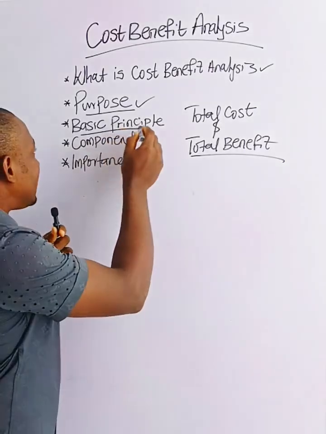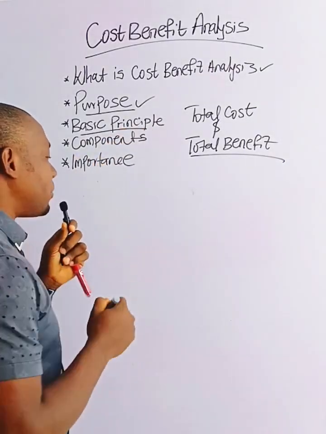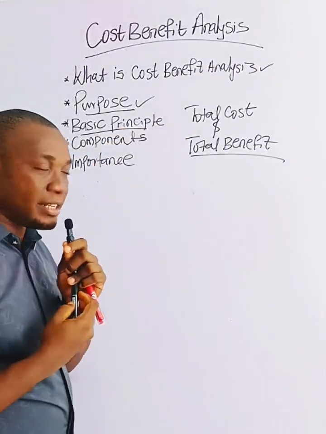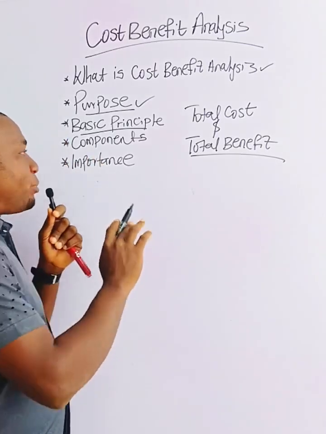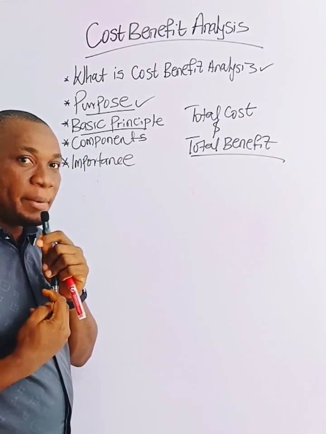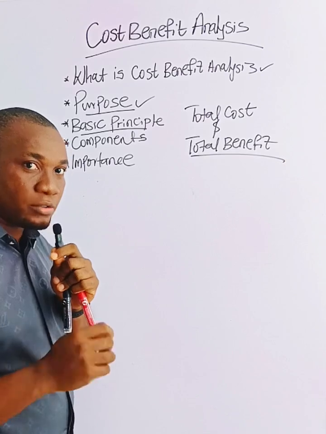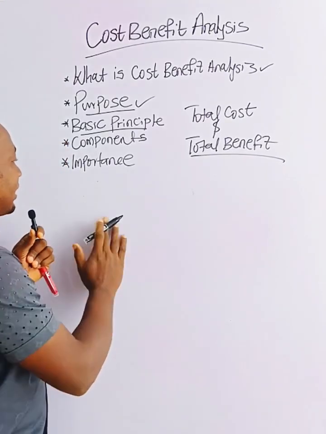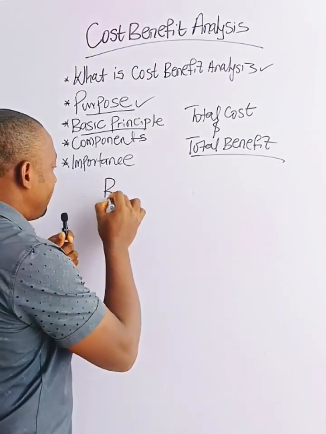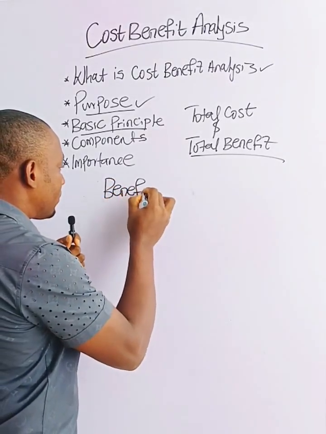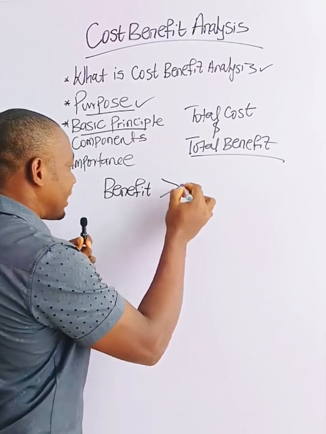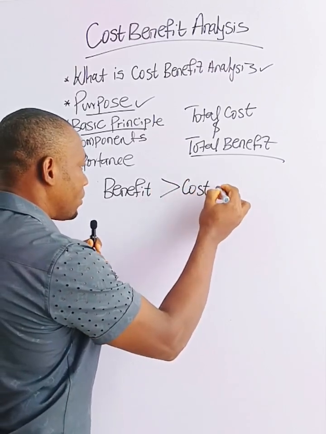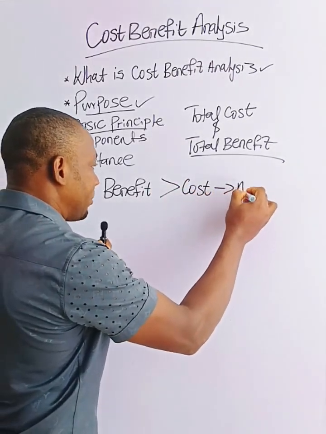Let's consider the basic principle of cost benefit analysis. A project should be accepted if the benefit is larger than the cost, and rejected if the cost is larger than the benefit. When benefit is greater than cost, you accept.